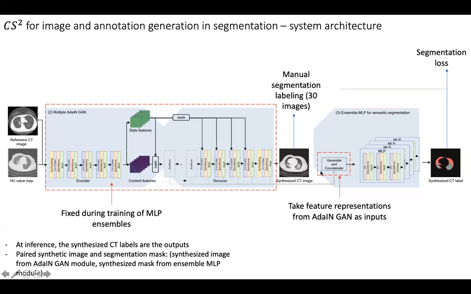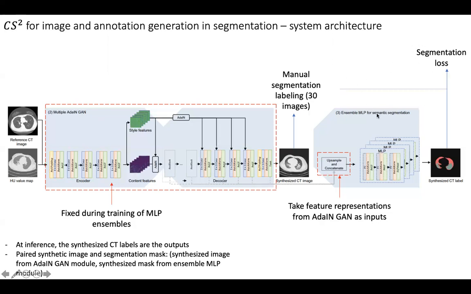This model takes the representation from the adaptive instance normalization GAN as input and gives the segmentation mask as the output. And this segmentation mask will be combined with the manually labeled segmentation mask to formulate the segmentation loss. And this segmentation loss will be used to train the whole system.